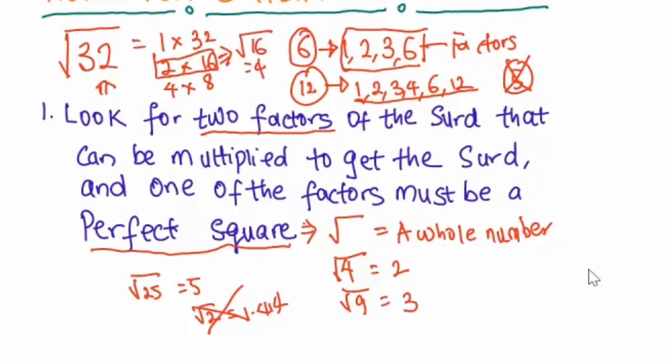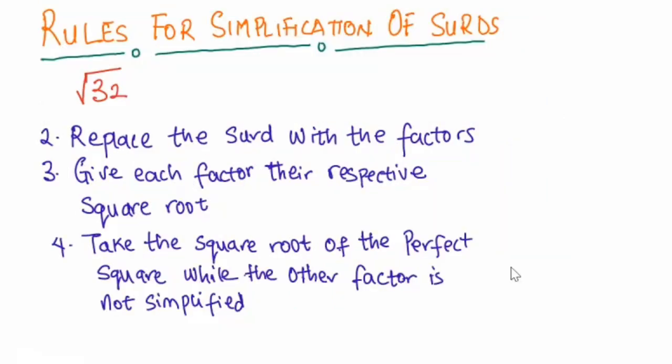So again, the rule is simple. Find any two numbers you can multiply to get that number, and check whether one of them is a perfect square. Now we have gotten some factors. I'll write them out again. The factors can be 1 times 32, 2 times 16, or 4 times 8.